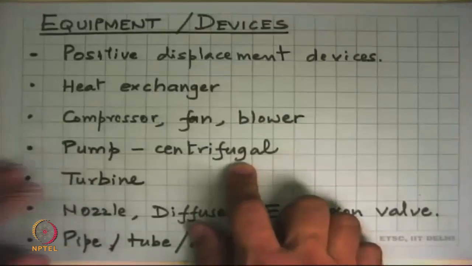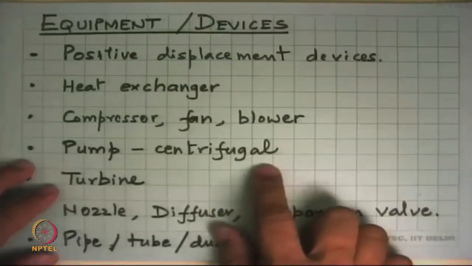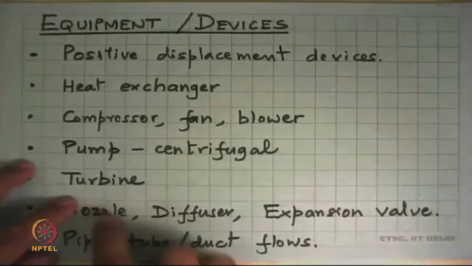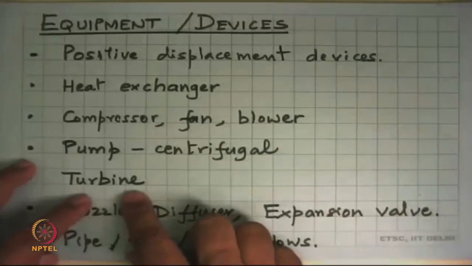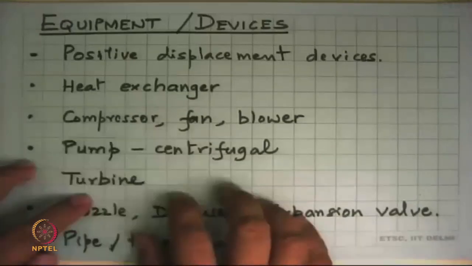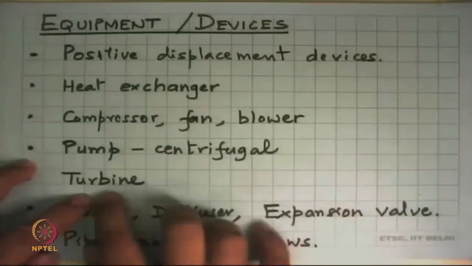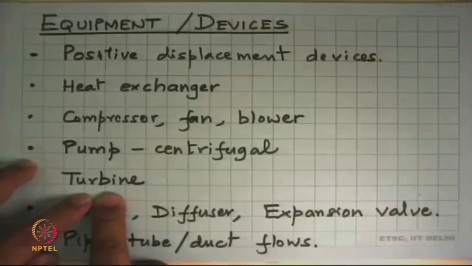So that's how common these devices are. And we will look at that. Then we'll look at a turbine. So this is a device in which we put either steam or gas and expand it and get work out of it. That work can be used either for propulsion or for generating electricity.